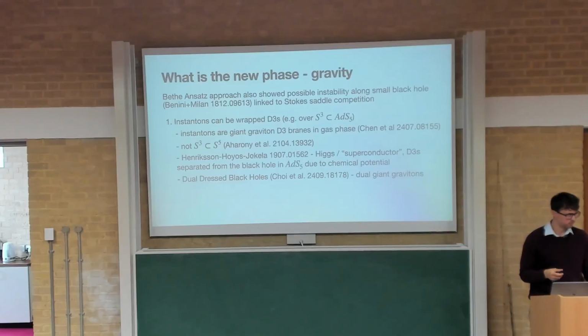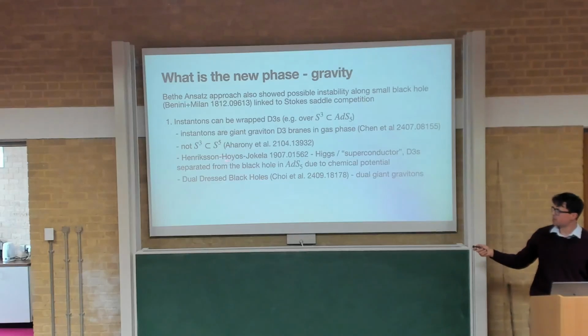Did Erickson, Hoyos, and Bogler see an instability? Yes, they saw the D3 branes being ejected from the black hole and being wrapped in the S3 of AdS5. But they didn't check for that kind of solution. Also, this one doesn't apply to BPS black holes.